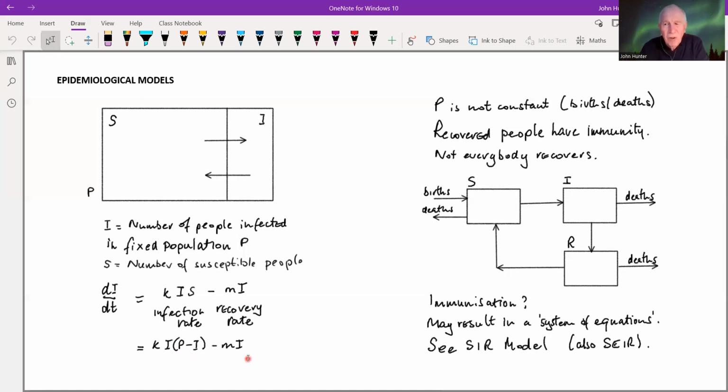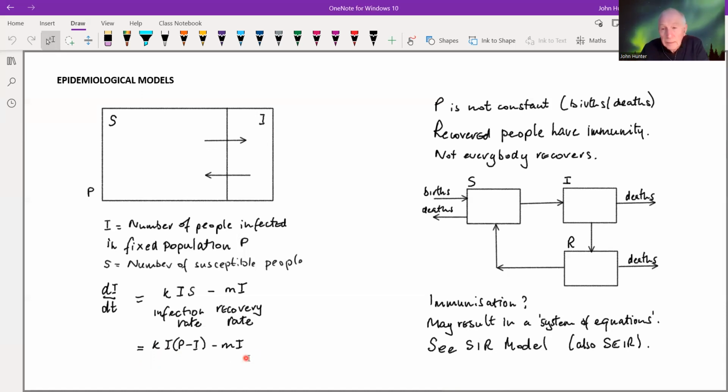Because it does involve this partial fractions process, and we solve it through that process. So it's a little bit messy, but yes, we can solve that and derive a solution so that we've got I in terms of t.